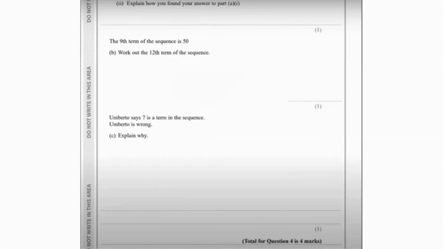Then it says, Umberto says 7 is a term in the sequence. Umberto is wrong. Explain why. So based on our answer in the previous part, we reached T12, the 12th term, which was 29. So the 13th term is going to be 29 minus 7, which is 22.